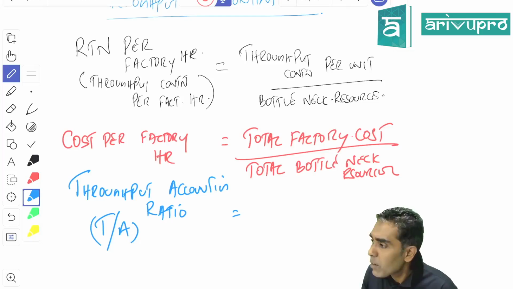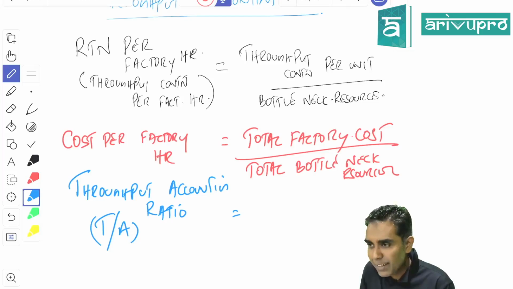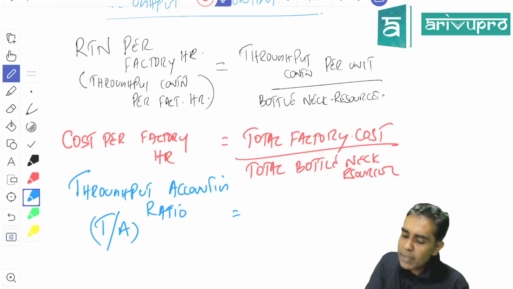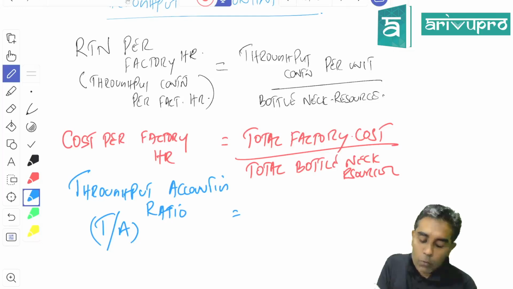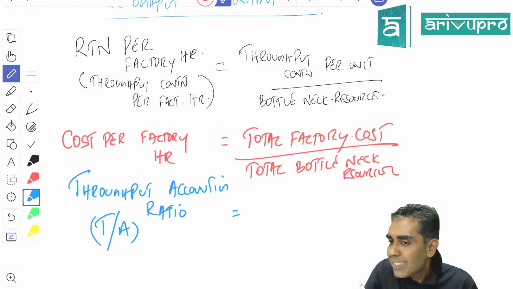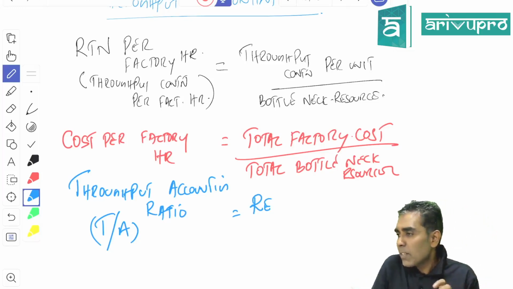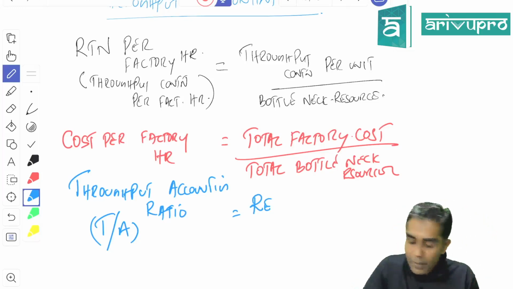Return divided by cost. What is meant by return? Throughput contribution. Therefore, how to calculate return? First ratio divided by second ratio. Return we call throughput contribution per factory hour.